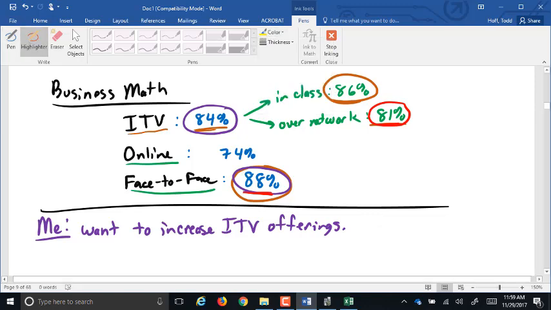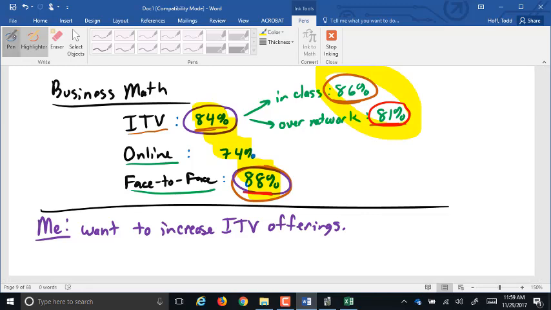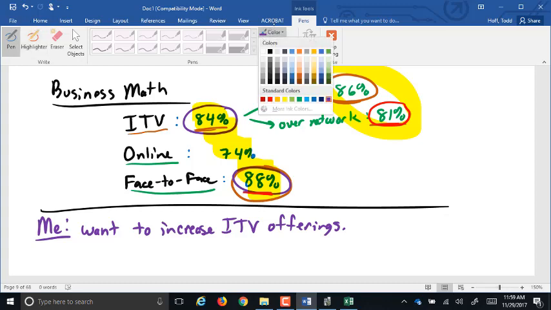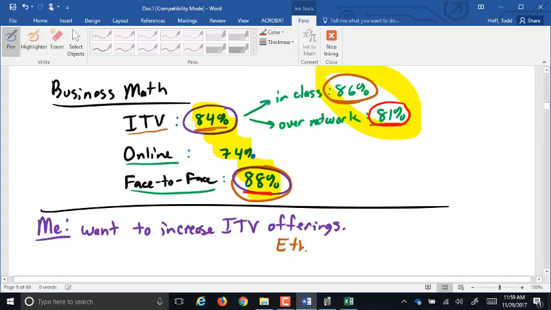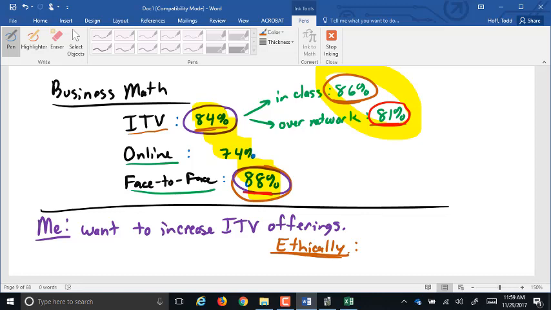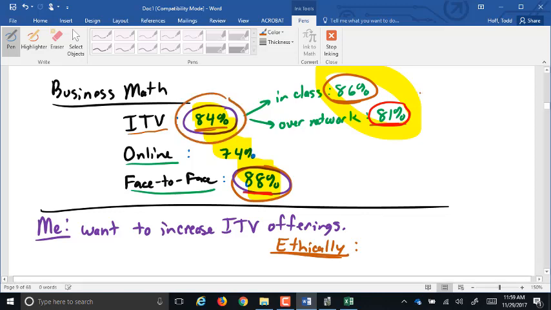Should I present the data as everything grouped together, or should I present the data with the ITV split apart? Now, before you answer that, I want to do this ethically. So ethically, which way should I present the data? If I want to increase the number of ITV offerings, should I present it with ITV altogether or ITV split apart?